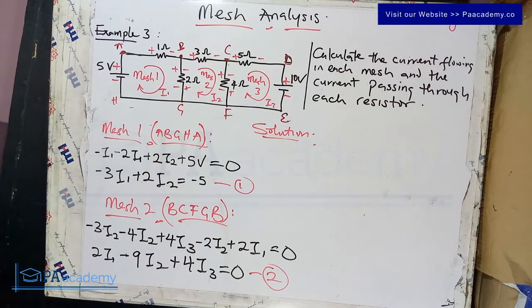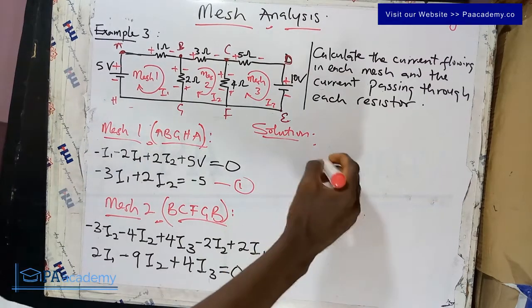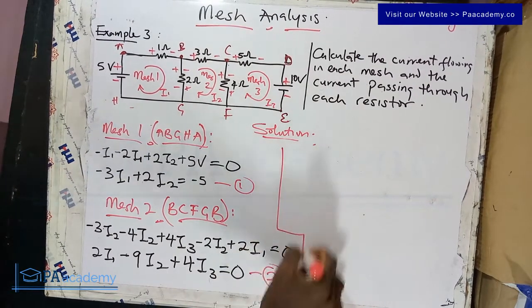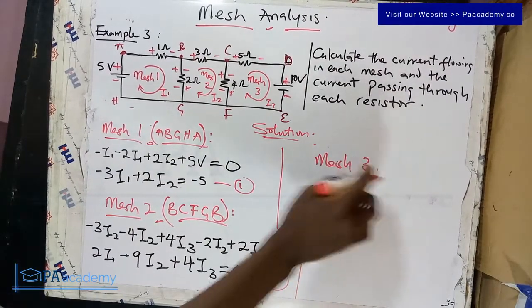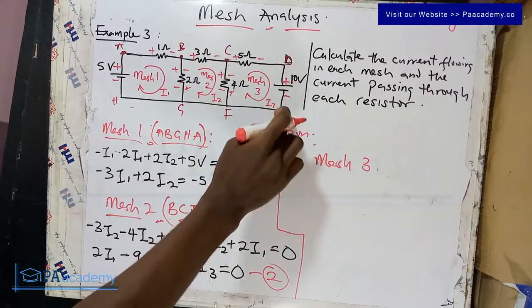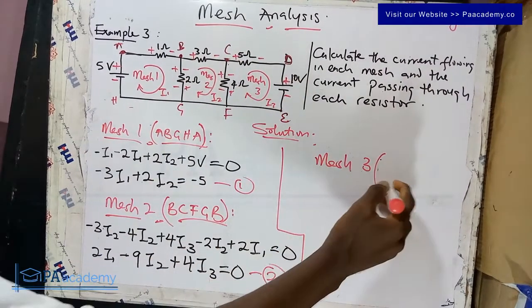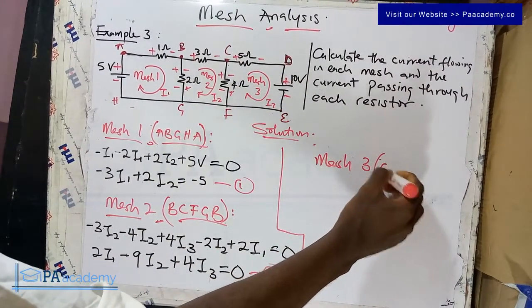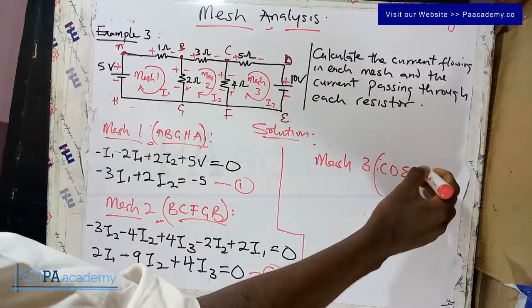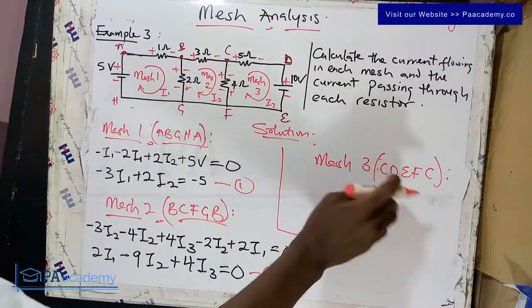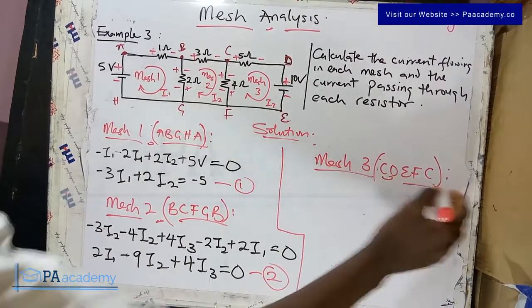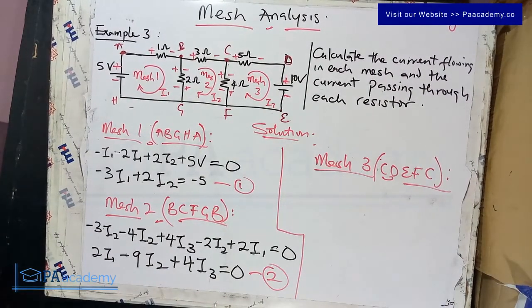So now let's look at mesh 3. The path for mesh 3 is C, D, E, F, and back to C. All right. So let's also apply Kirchhoff voltage law to mesh 3 and see what we get.